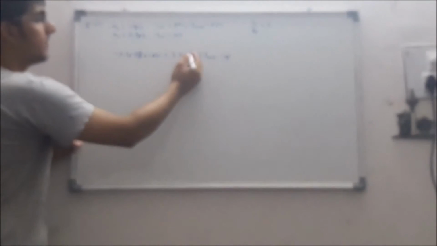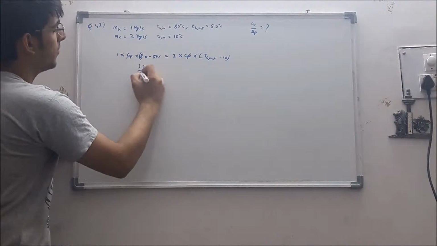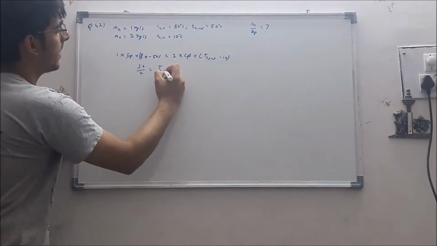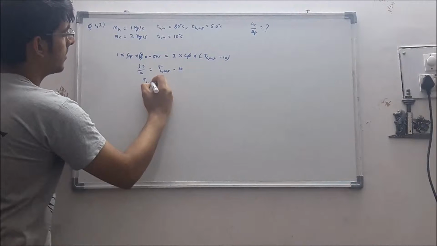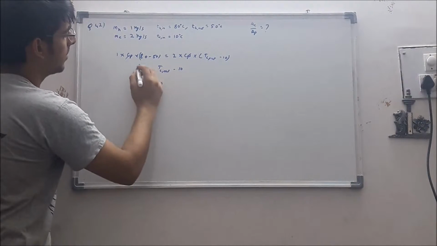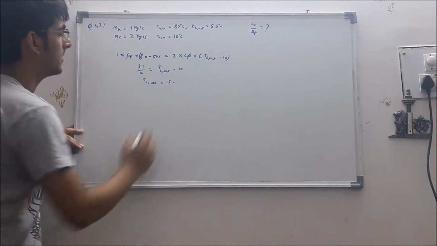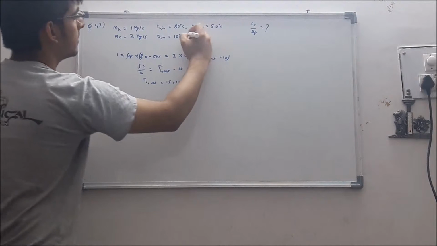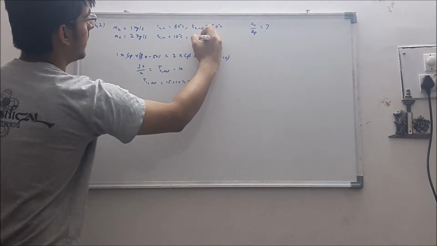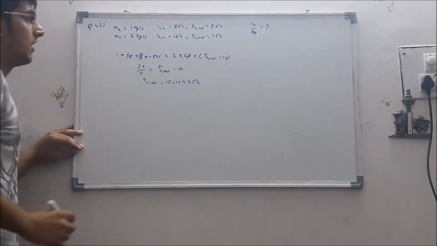It is given that both are the same fluid, so Cp will get cancelled. It will be 30 by 2 equal to Tc out minus 10. So Tc out will be equal to 15 plus 10, that is equal to 25 degrees Celsius. So Tc out is equal to 25 degrees Celsius.